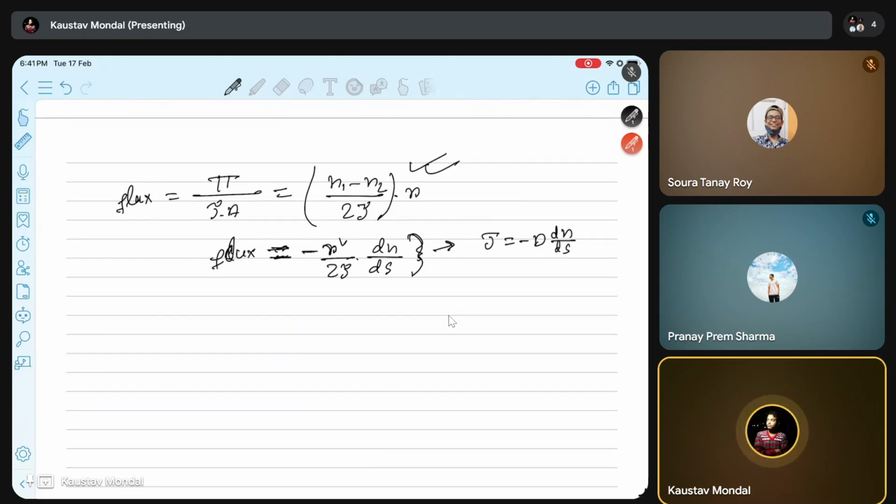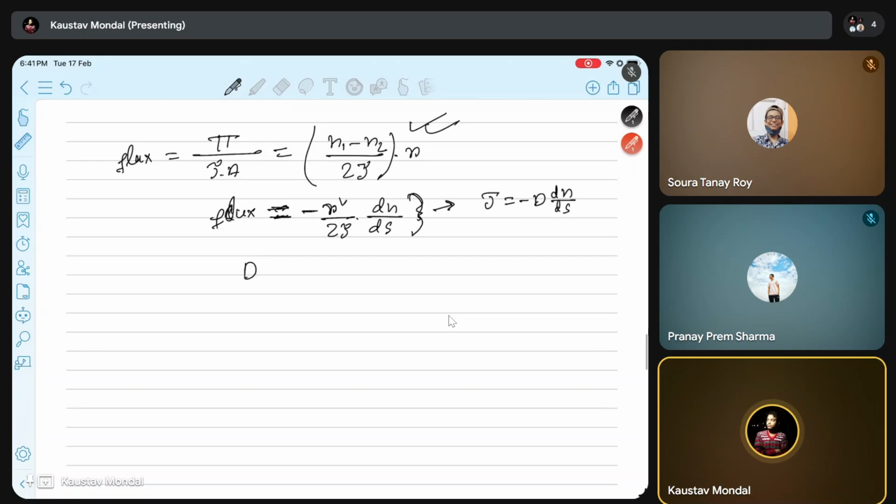If you compare these two fluxes, you get the diffusion constant as r squared by 2 tau. This is the expression of the diffusion constant.